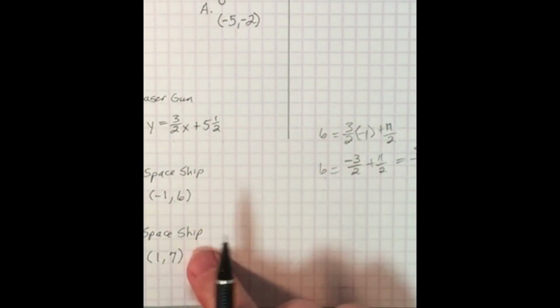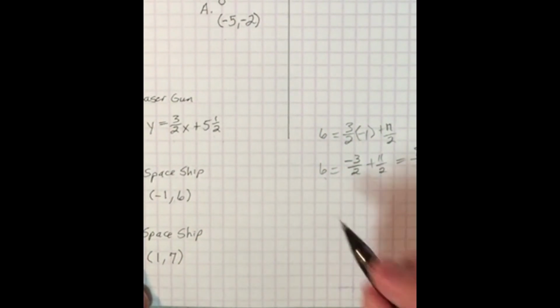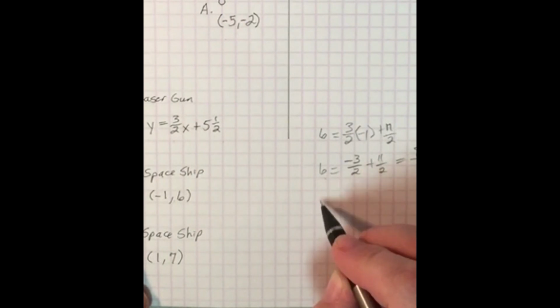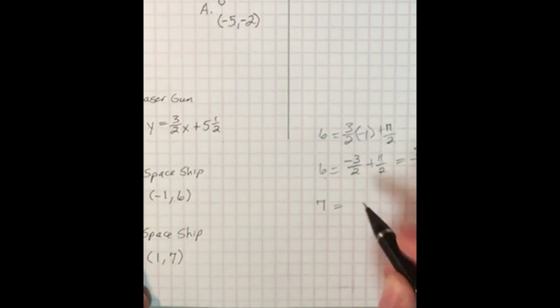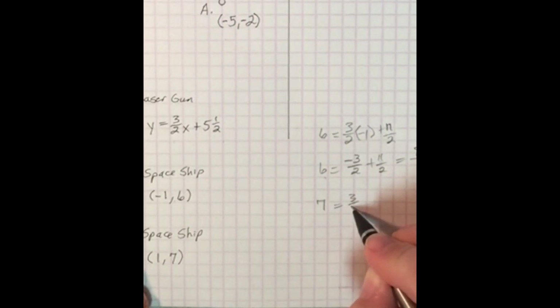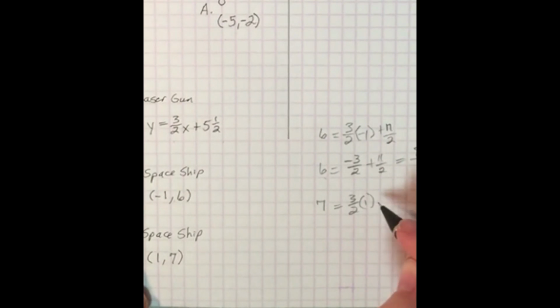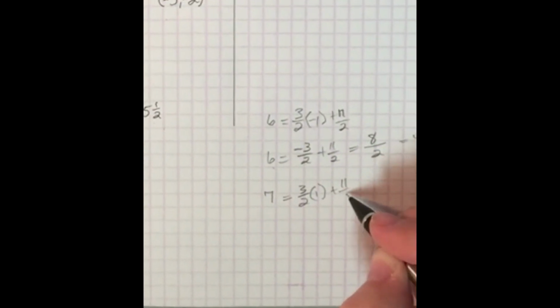Let's go ahead and plug these values in for this ship here, and so we're going to do 7, our Y value for the ship. 7 equals 3/2, and it's times a 1, which is very handy for us, plus 11/2.